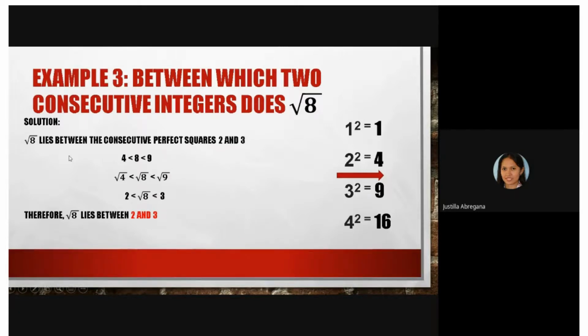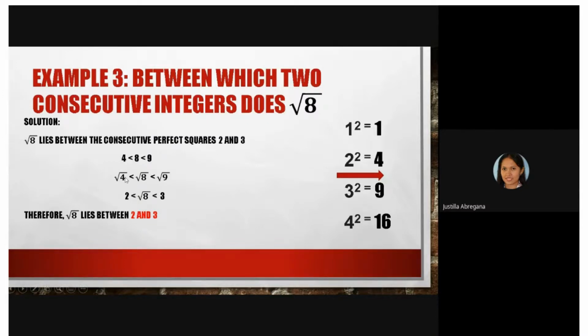Why is it 2 and 3? We have 1 squared is equal to 1, 2 squared is equal to 4, 3 squared equals 9. So where is 8? It's in between 4 and 9. So 8 is greater than 4 but less than 9.